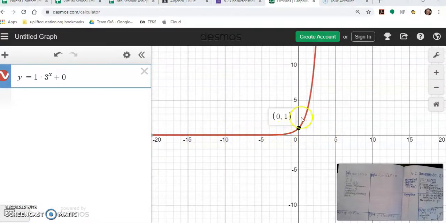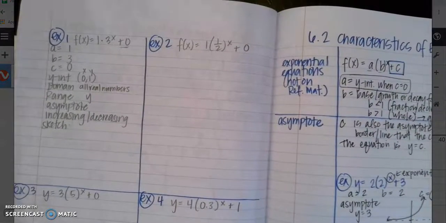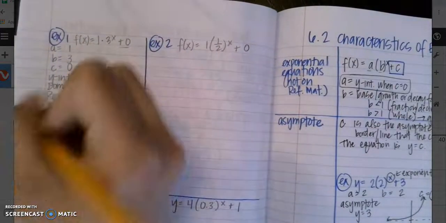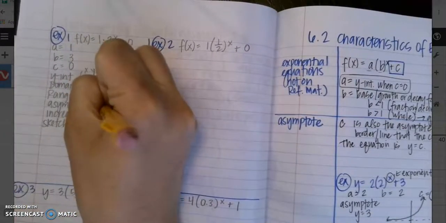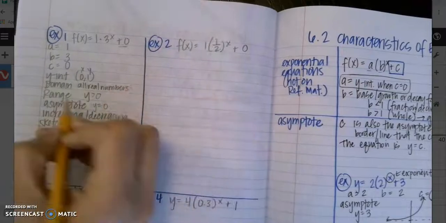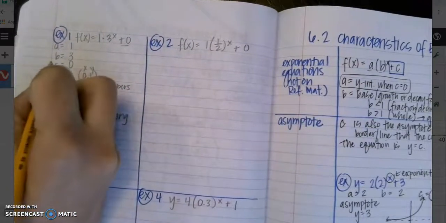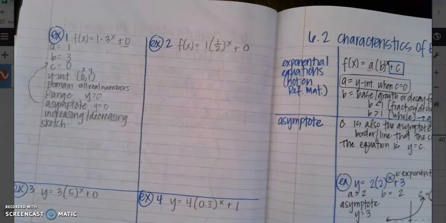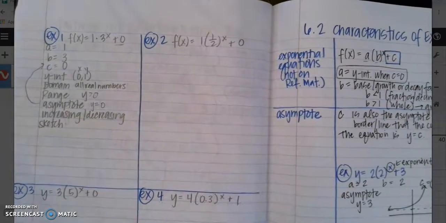And all of my range values are going to be greater than that. They're going to go up from y is greater than 0. So my range is going to be y is greater than 0. My asymptote is y equals 0. And that asymptote value is going to come from my C value. And that's on your notes on the left side. That's the boundary the graph cannot cross.